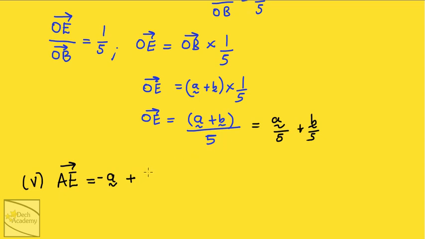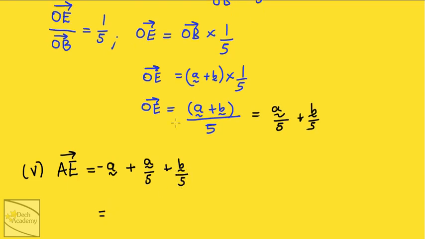So plus A over 5 plus B over 5. This is the same thing as A over 5 minus A plus B over 5.